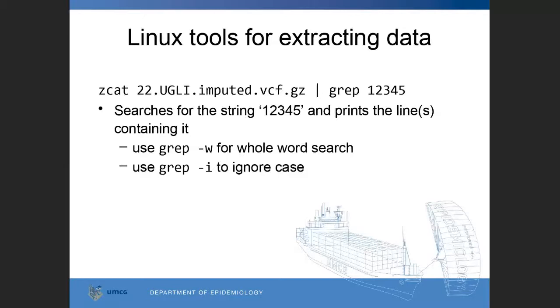But you can also use other tools, and one of them is the grep tool, which you can use if you put in zcat and then the file and then grep. Then it will search for the string, in this case 1, 2, 3, 4, 5, and it will print the lines that contain this string.